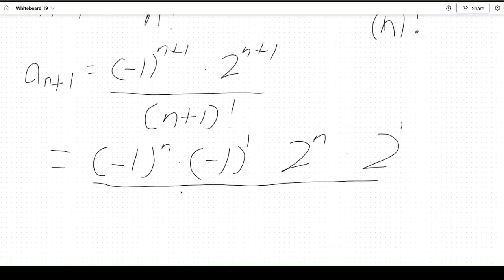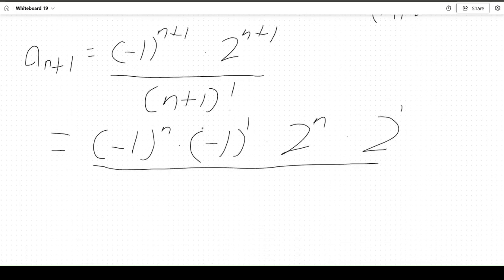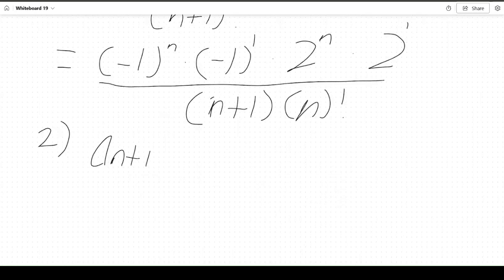Then for the factorial, we're always minusing by 1. So n plus 1 minus 1 will be just n factorial, and that's it. (n plus 1) over n.